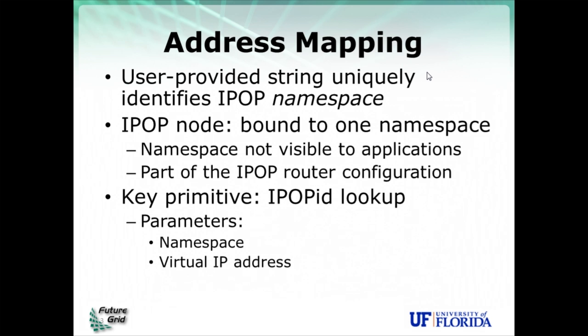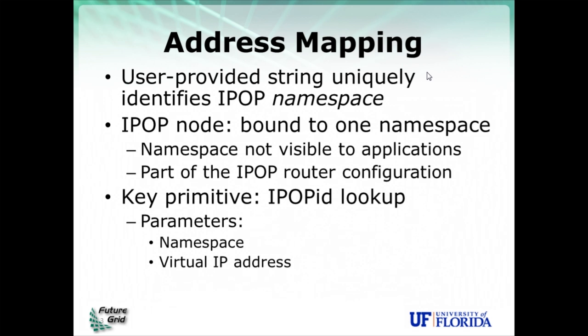And then every IPOP node is bound to a namespace. Now, one thing that's important to keep in mind is that this namespace is not seen by applications. The applications only see the IP address that's bound to a virtual network interface. They are part of the configuration of an IPOP router when it is started up, and it's provided by the user who creates this virtual network.